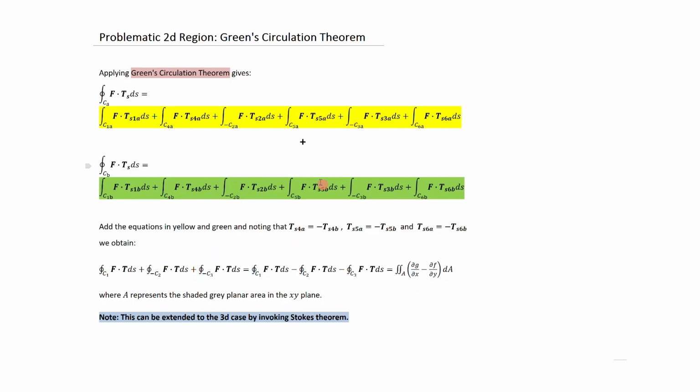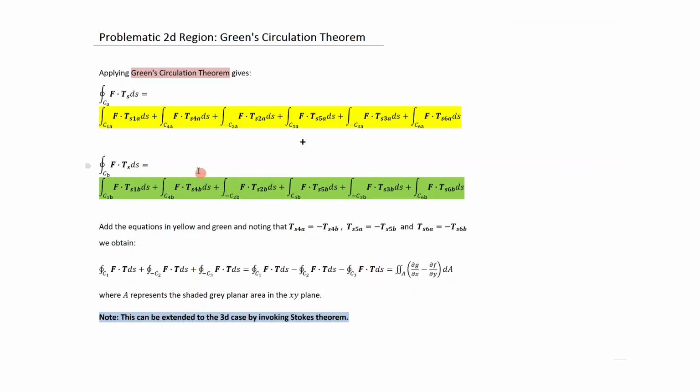Taking that into account when adding, the cancellation of these terms ends up giving you a final solution that involves a closed contour of C1, a closed contour of C2, and a closed contour of C3. Of course, this is in the opposite direction, and this one as well, with regards to the conventional sense. However, we can make them all look the same by reversing the sign here and bringing a minus sign outside, as was done here.